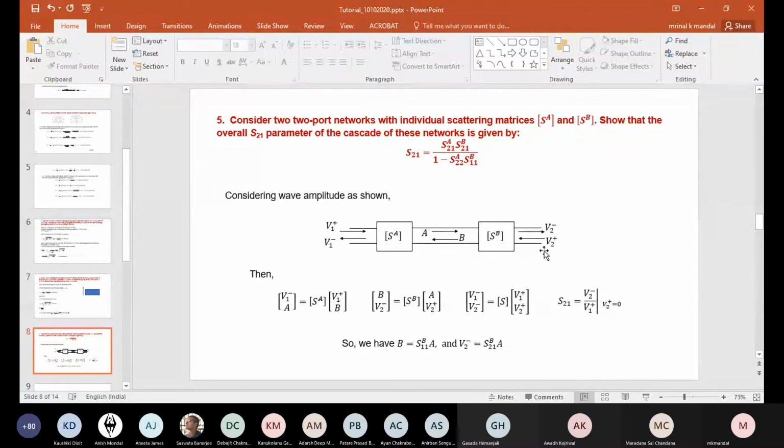If it is match terminated, then B is simply equal to S11 of the second network multiplied by A. You recall, last day we solved a problem when the output was short circuited. In that case, we also had a part due to V2 plus coming at port 1. But since it is now match terminated, we don't have any contribution of V2 plus. Then B is only due to reflection at the input port of this second network.